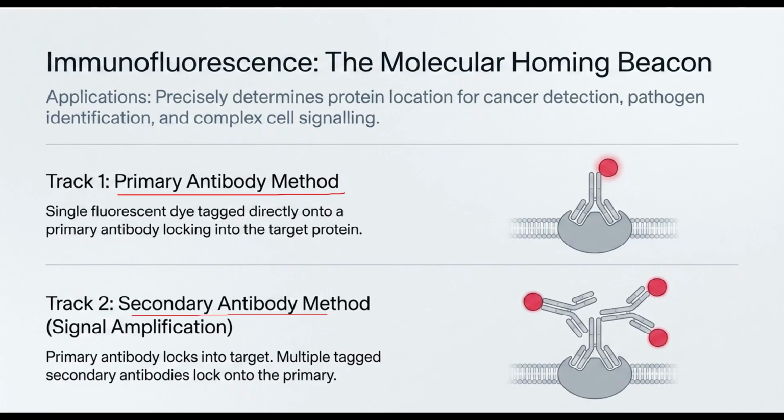So this is how the secondary antibody method works. Because antibodies recognize specific proteins, immunofluorescence allows scientists to identify the precise location of molecules within cells and tissues. This technique is widely used in medical diagnosis, cancer research, and infectious disease investigations. These are very useful.